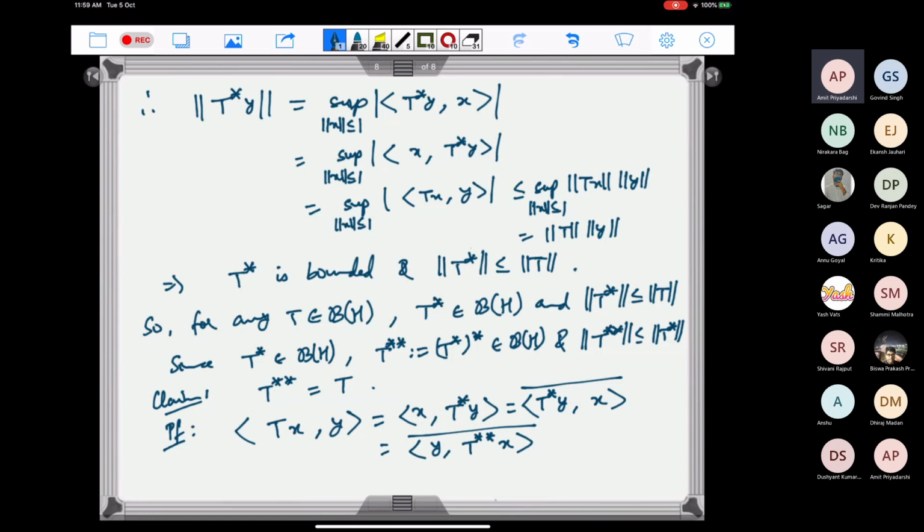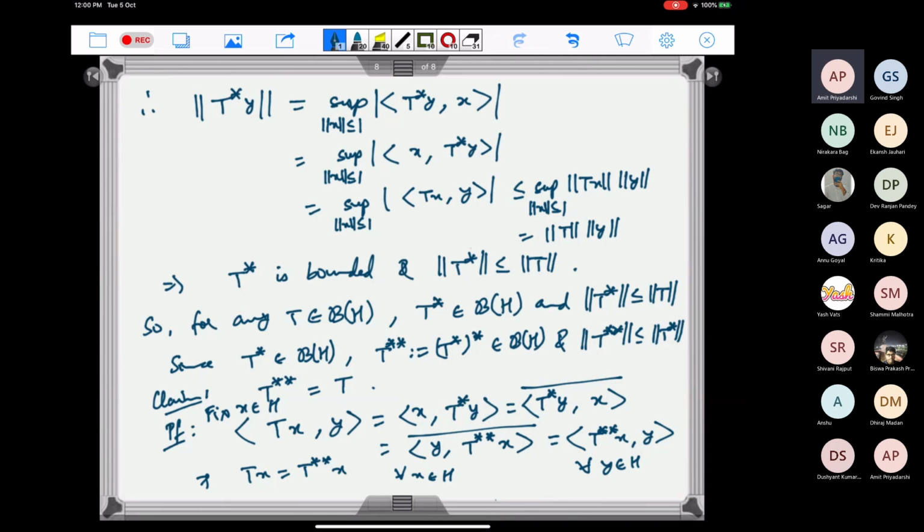And then again, we can write this as T star star of X with Y. And this is true for every Y in H. First we fix any x in H, and then we look at this. This is true for every y, so this will imply that T x equals T star star x, and this is true for every x in H. So therefore the adjoint of the adjoint is the same as T.